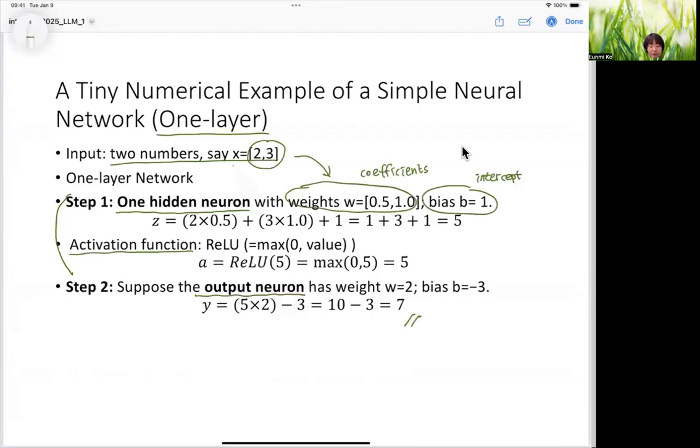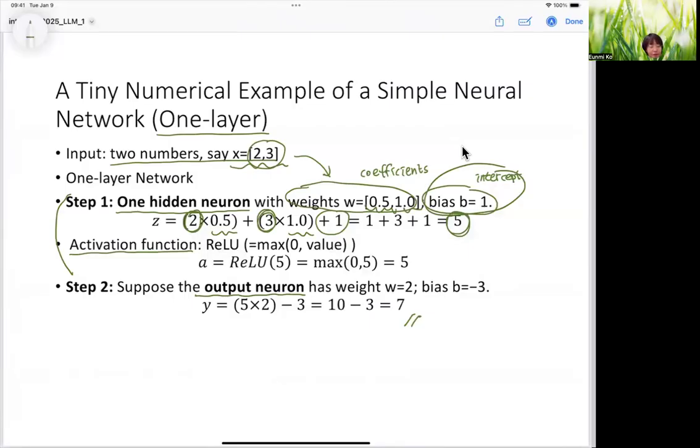So given the input numbers 2 and 3, we apply the weights of 0.5 and 1.0, and then we add the intercept 1 at the end. Then this first hidden neuron will give us the value of 5.